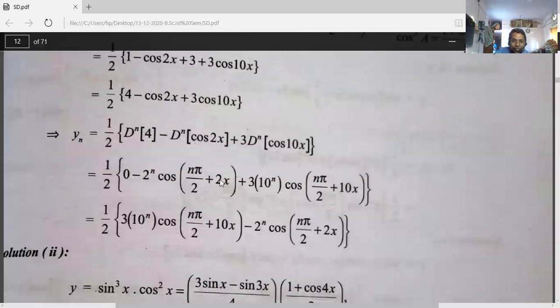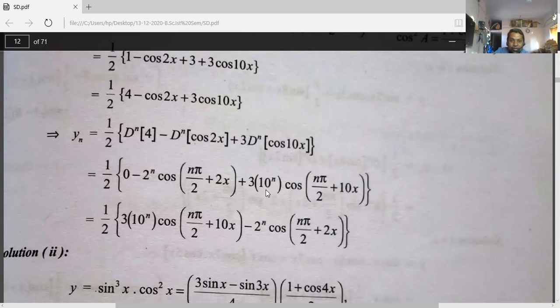Now here also in the same way, for cos 2x, a is equal to 2. That's why you are adding 2 to the power n cos(n pi/2 + 2x). Here also, 10 to the power n, because for cos(ax+b), a is equal to 10 and b equal to 0. Of course, if you want, you can substitute and verify that.